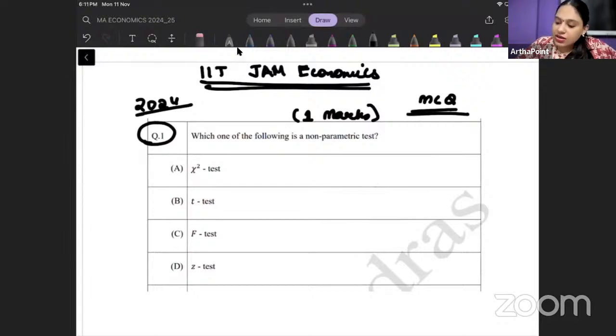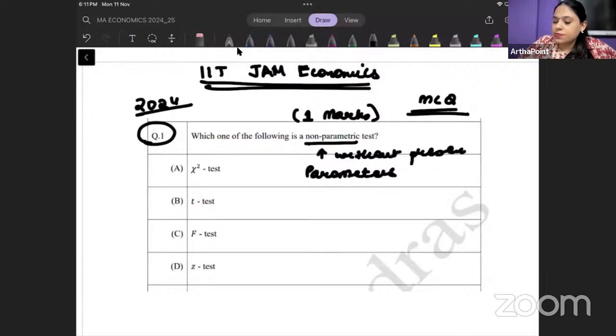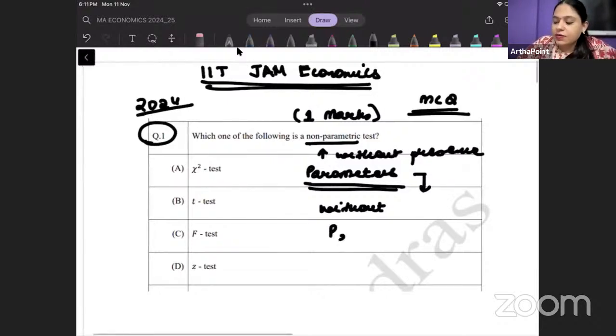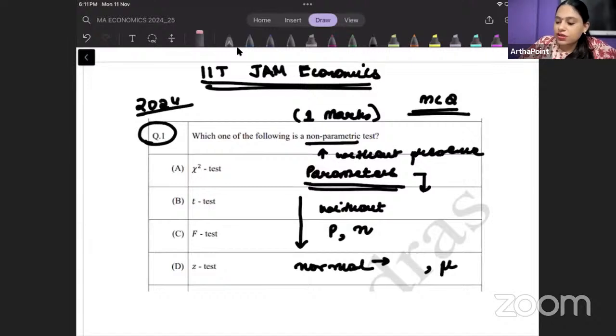Non-parametric test means any test which can be performed without the presence of parameters. Meaning any test which I can do without requiring values. Just as we have studied in binomial, that we need P, we need N. We have studied in normal distribution that we need X bar, we need mu, we need sigma square.